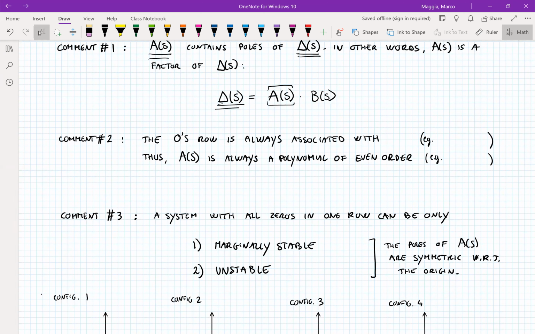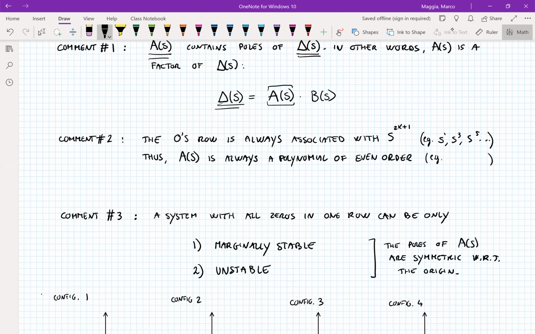I've already said that the row full of 0s is always associated with an odd power of s, or s to the power of 2k plus 1. So for instance, s to the power of 1, s cubed, s to the power of 5, and so on and so forth.